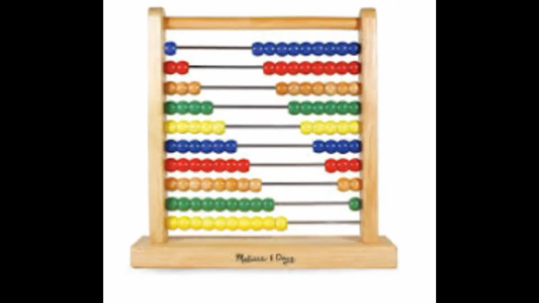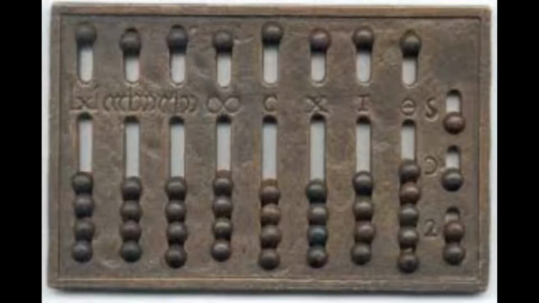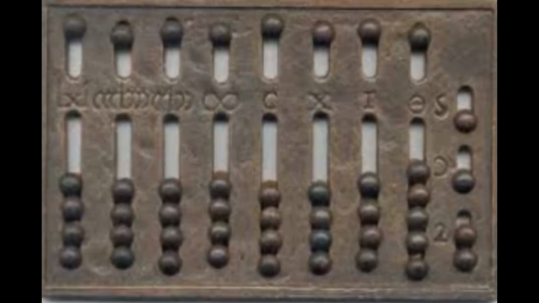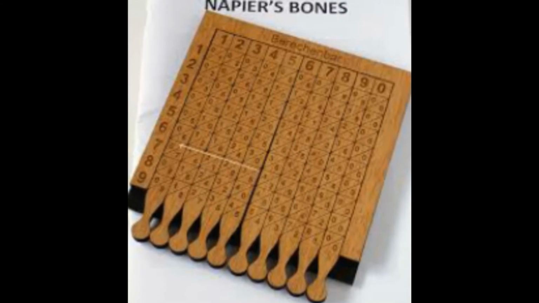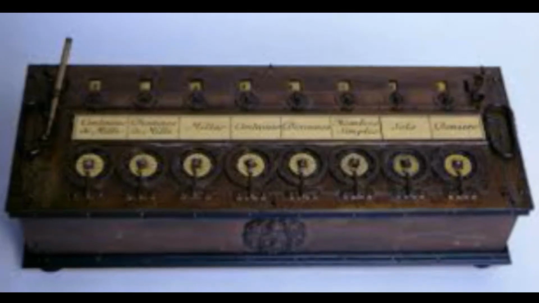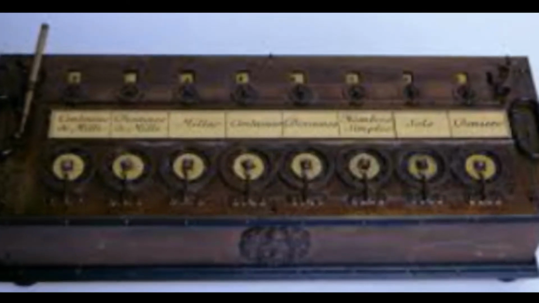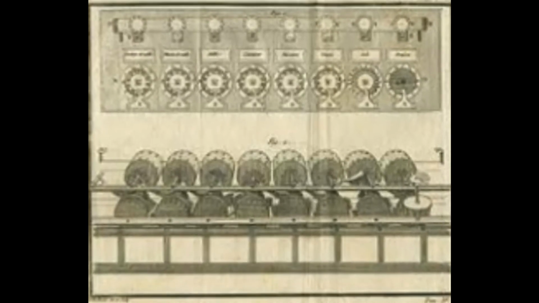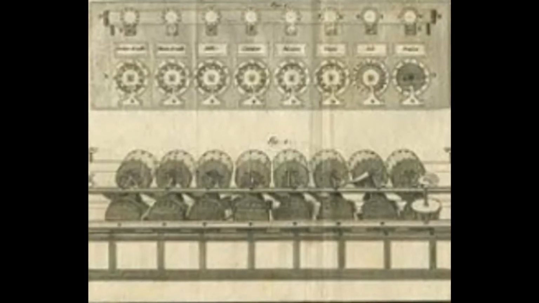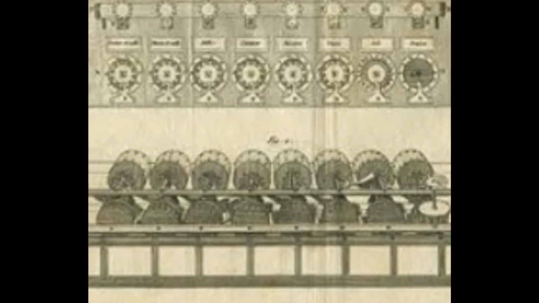The next stage of development of the computer was Napier's bones. It was used to do multiplications. Then came the Pascaline, invented by Blaise Pascal in 1642.